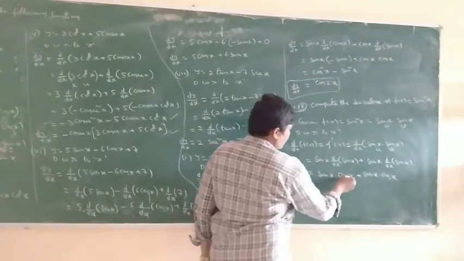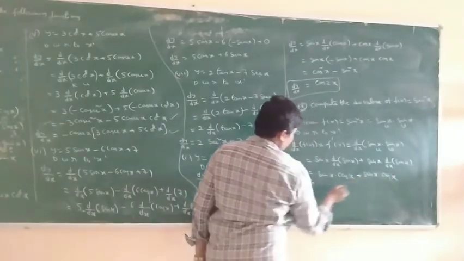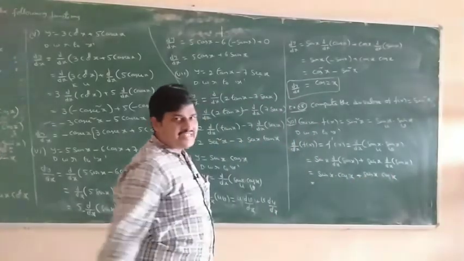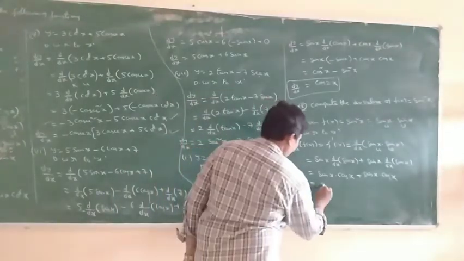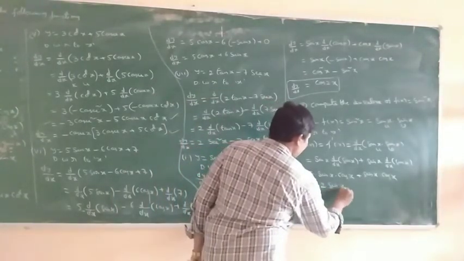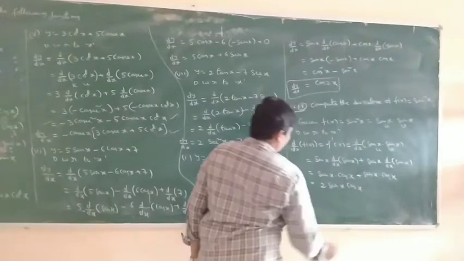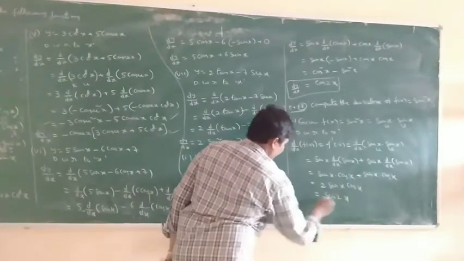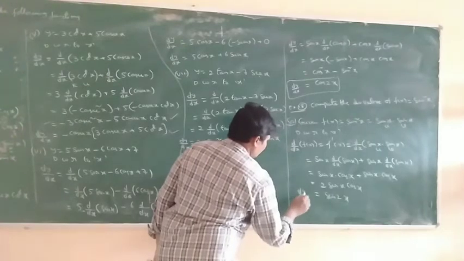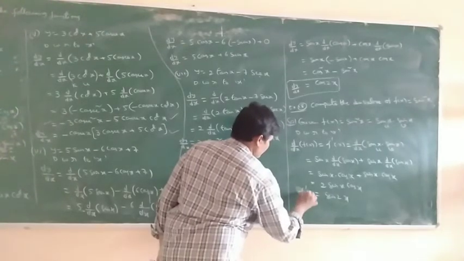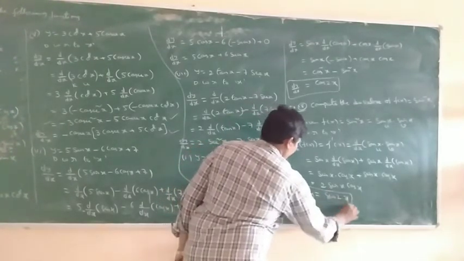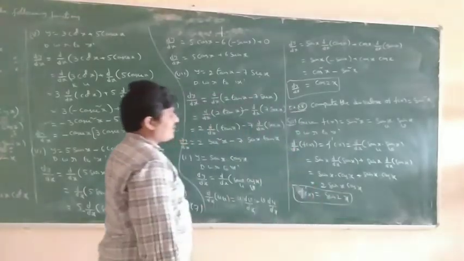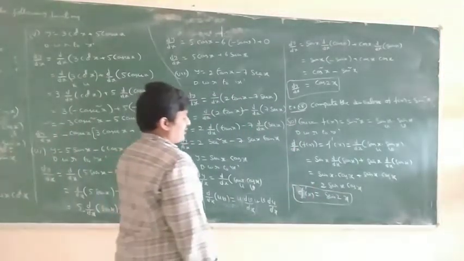So sin x cos x plus sin x cos x, both are the same. A plus a is equal to 2a. So 2 sin x into cos x, which is equal to sin 2x. So f dash of x is equal to sin 2x.